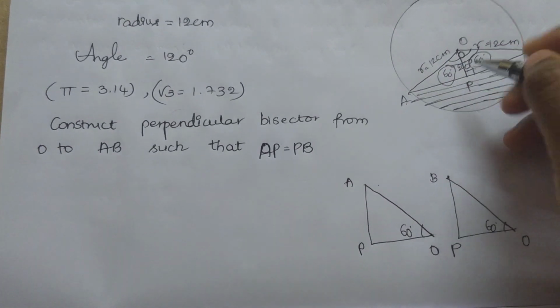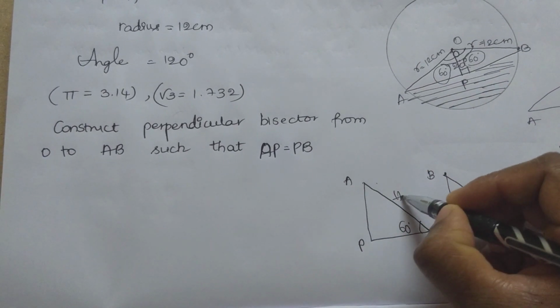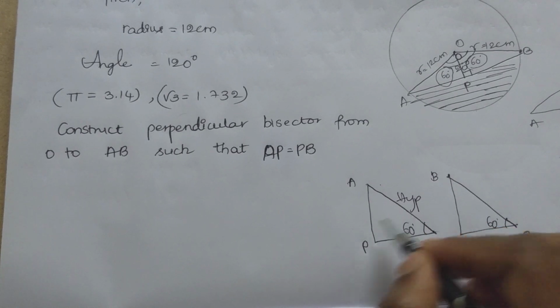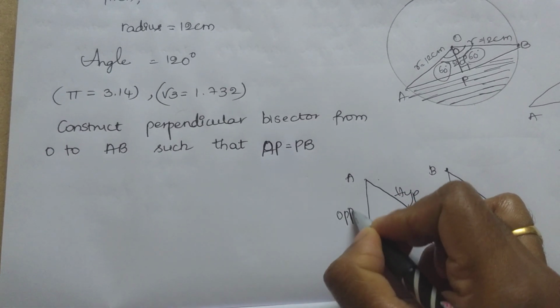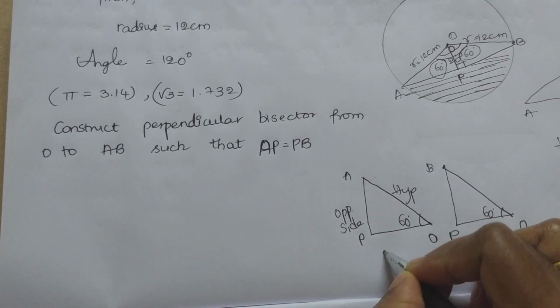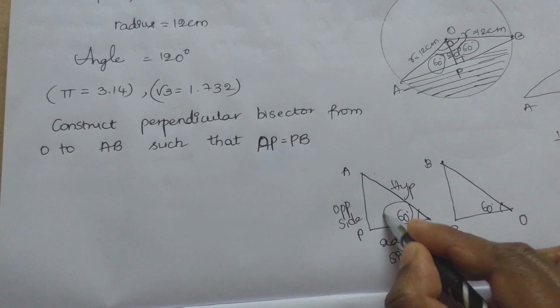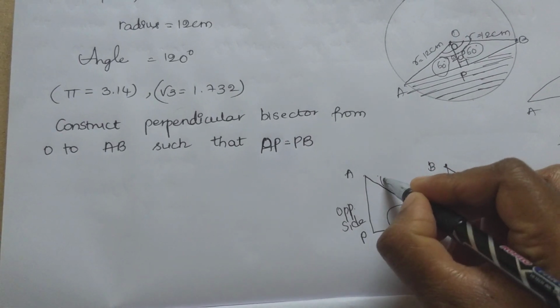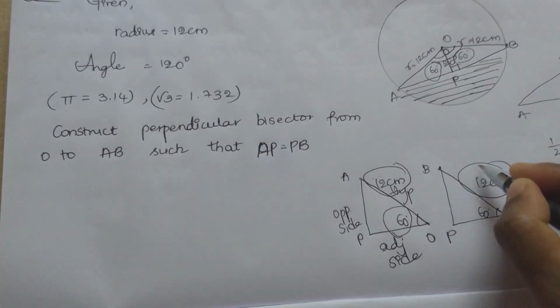To find one value, OA is the hypotenuse, this is the opposite side and this is the adjacent side. We know the angle, and we know the hypotenuse OA is 12 centimeters, and OB is also 12 centimeters.